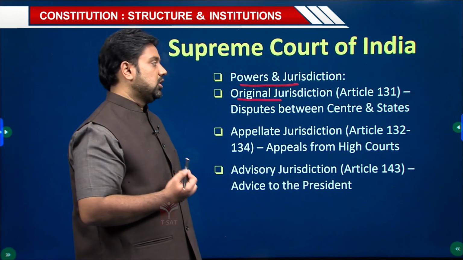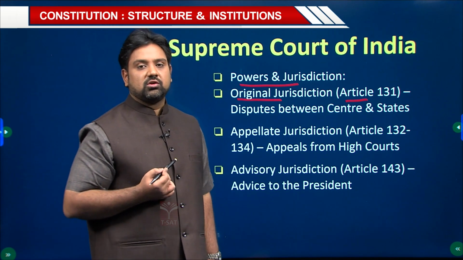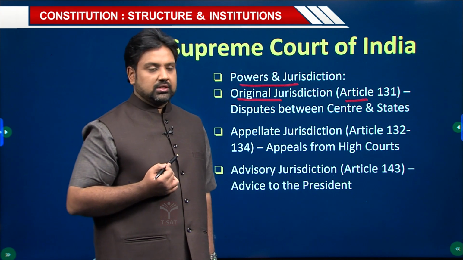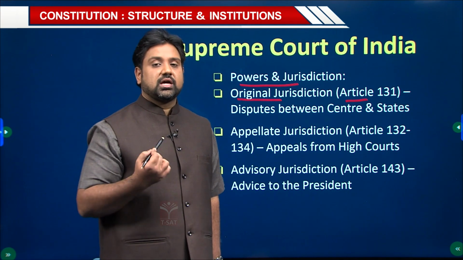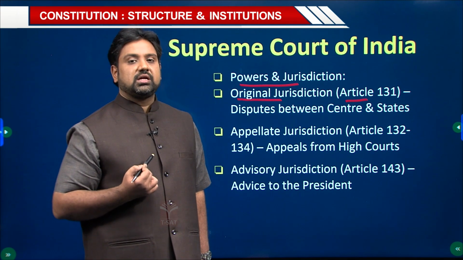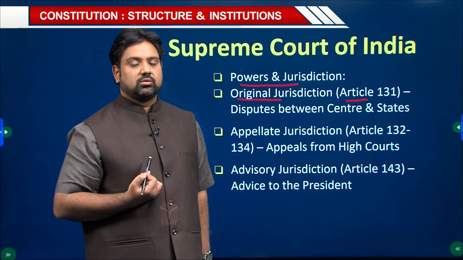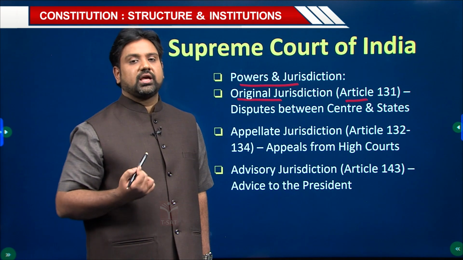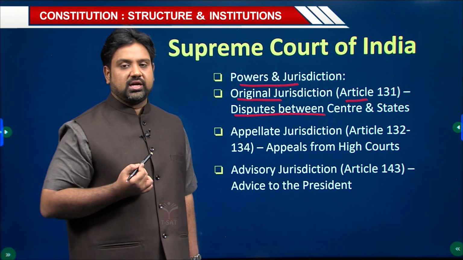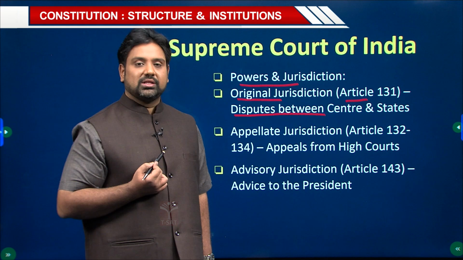Under Article 131, you can directly file cases before the Supreme Court only by a state government against the central government, or 2 or more state governments on one side and the central government on the other, or 2 or more states against 2 or more states. So, it is only with regard to disputes between the center and states that the Supreme Court enjoys original jurisdiction under Article 131.